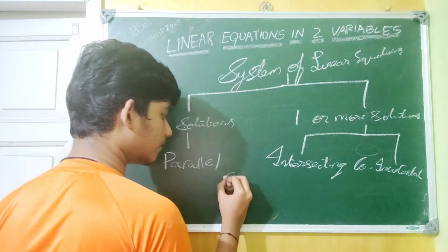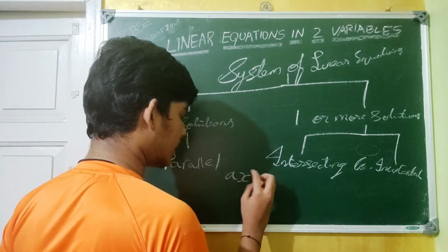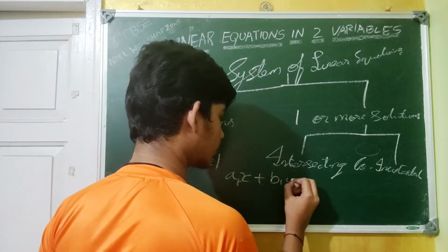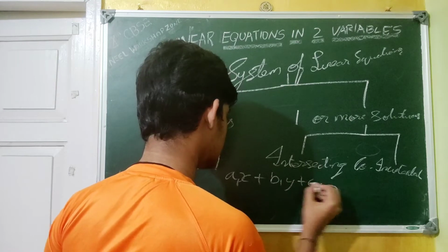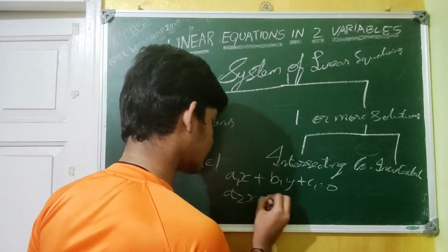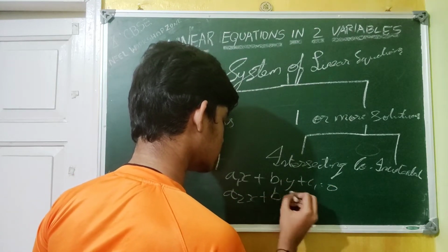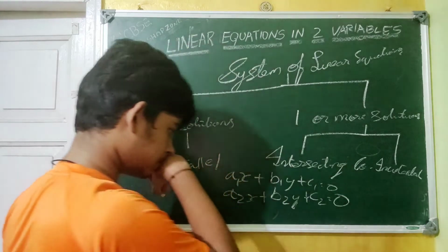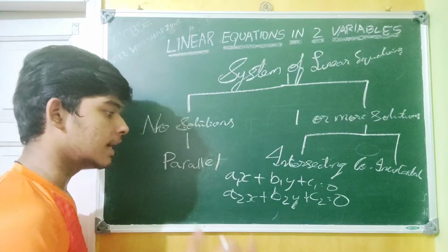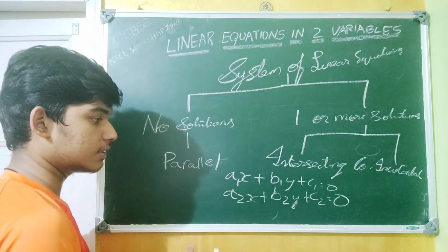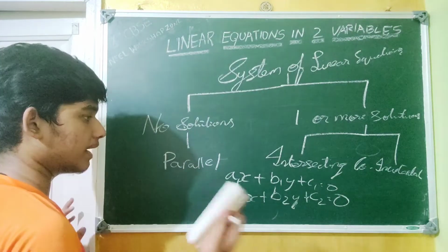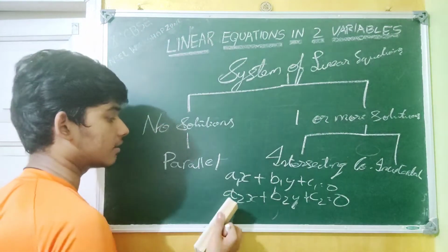So let's say a1x + b1y + c1 = 0 and a2x + b2y + c2 = 0. In this, if the x and y of both of these linear equations don't match, then the pair of linear equations is called parallel.